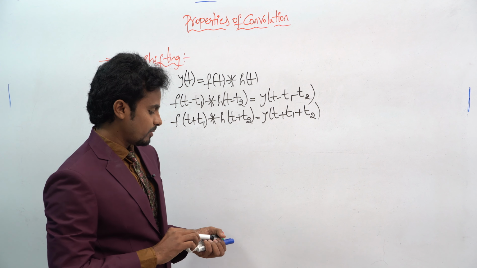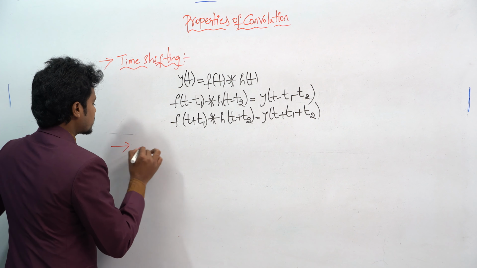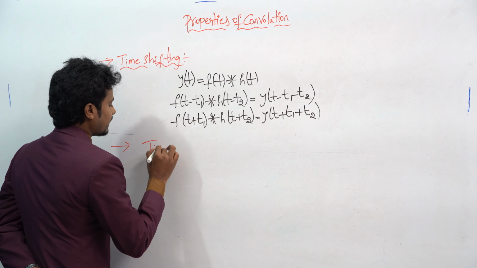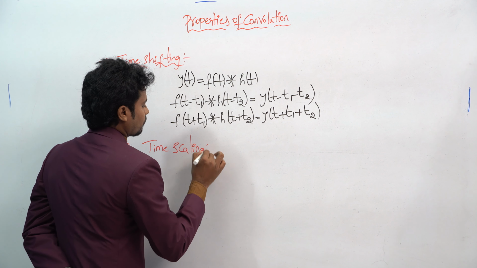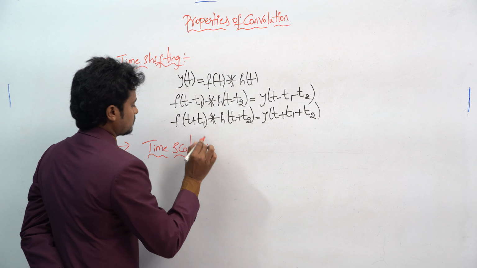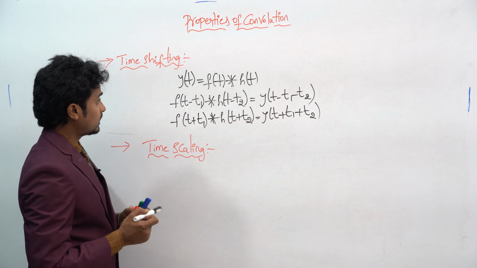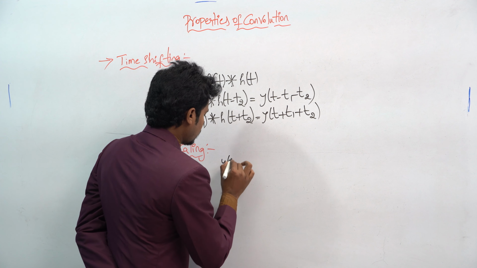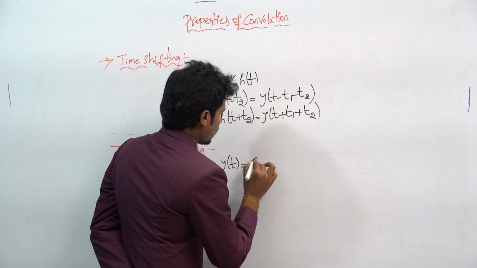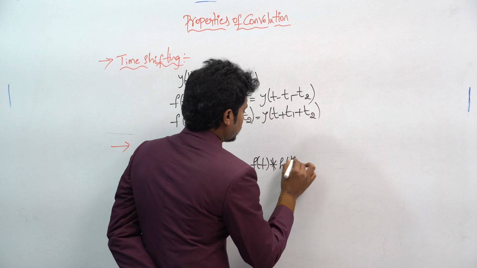The next property is the time scaling property. Similarly, you can write y of t is equal to f of t convolved with h of t.